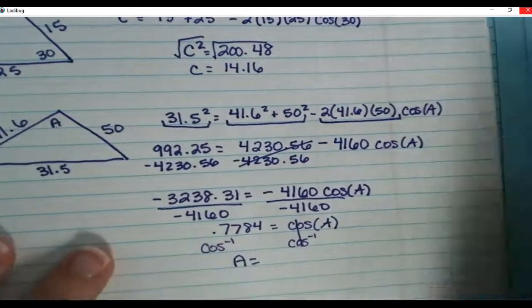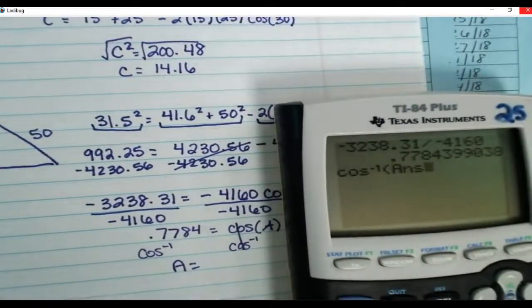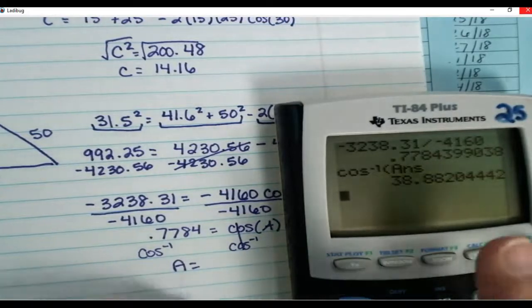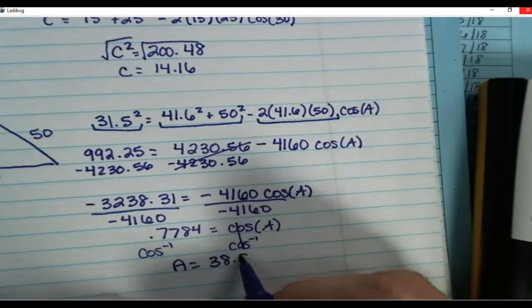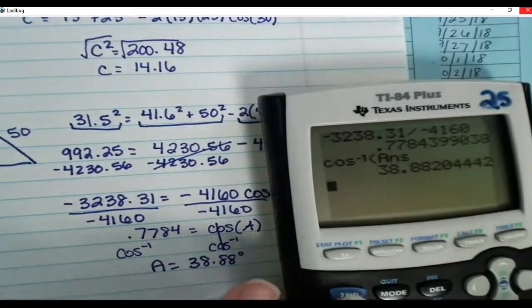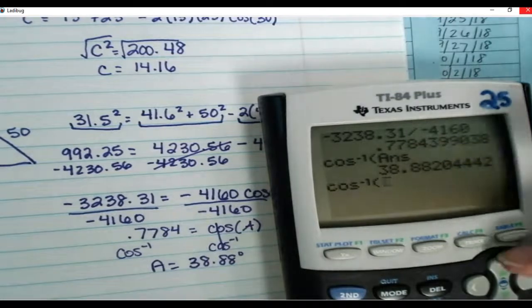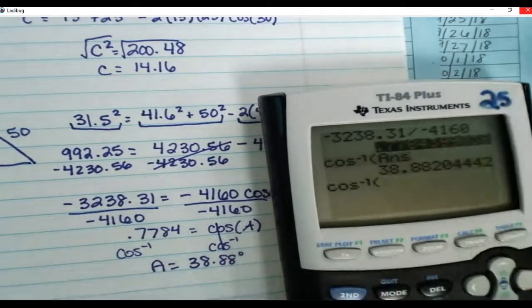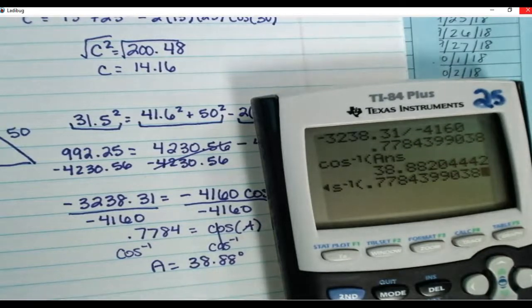And so again, if you don't want to lose your decimals, you can do second cosine. You can hit second negative. And there it is. So 38.88 degrees, because we are talking about the angle. Now another way that you can type it, let's say that you accidentally type something else, but you want to get this 0.77, you can hit the second cosine and then go up to that answer and hit enter, and it'll plug it in there for you also.